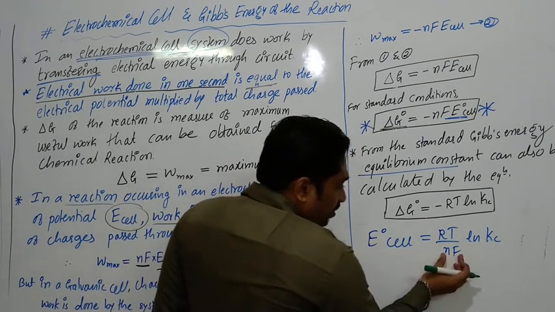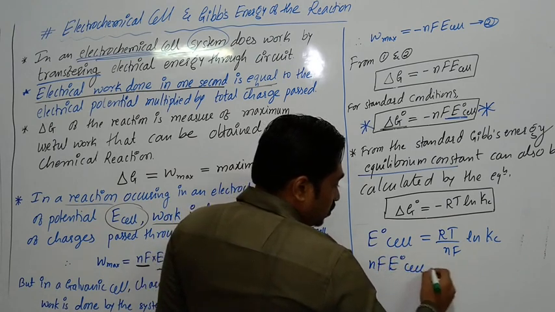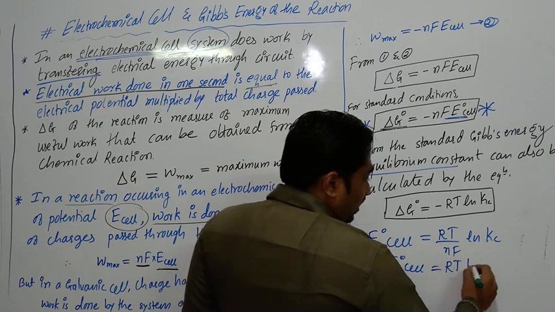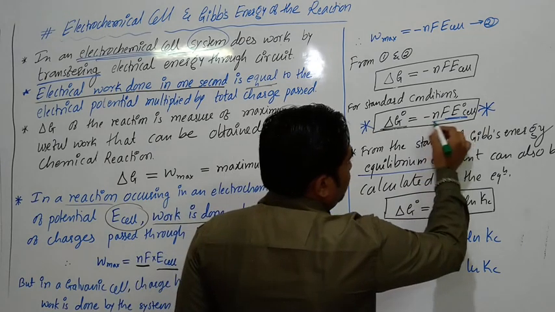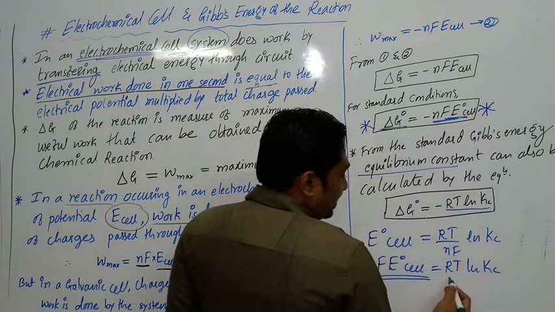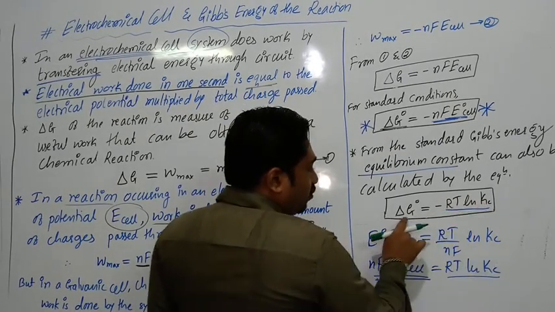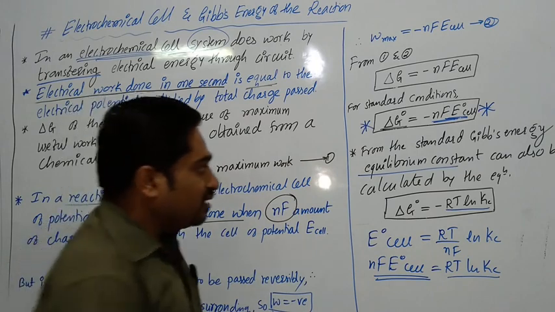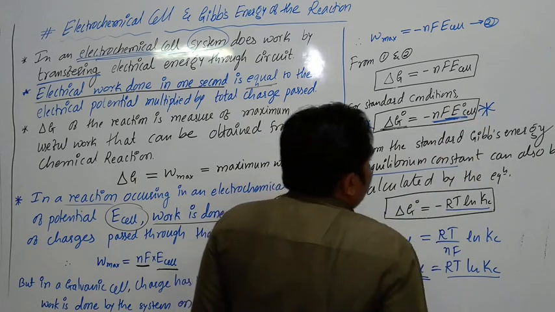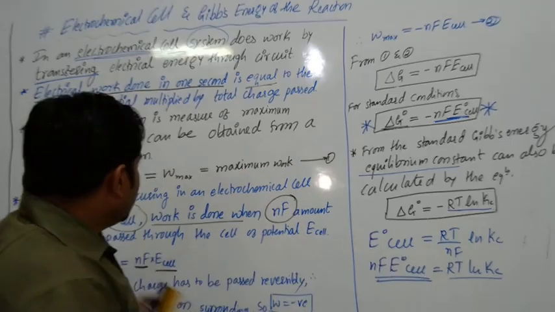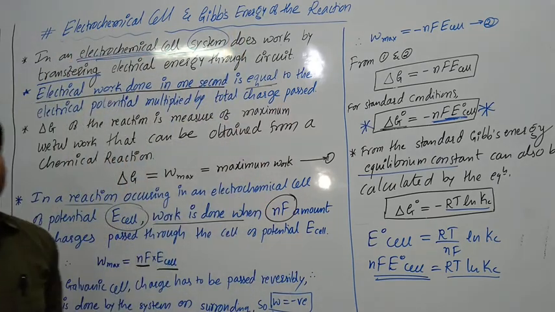So these two terms come to this side. nF E naught cell is equal to RT ln Kc. Here in the place of nF E naught cell, we can substitute RT ln Kc. So we can also calculate the equilibrium constant by knowing delta G naught, the Gibbs free energy. This Gibbs free energy is calculated by using E naught cell of the reaction. So this gives the relationship between the electrochemical cell and the Gibbs free energy of the reaction.